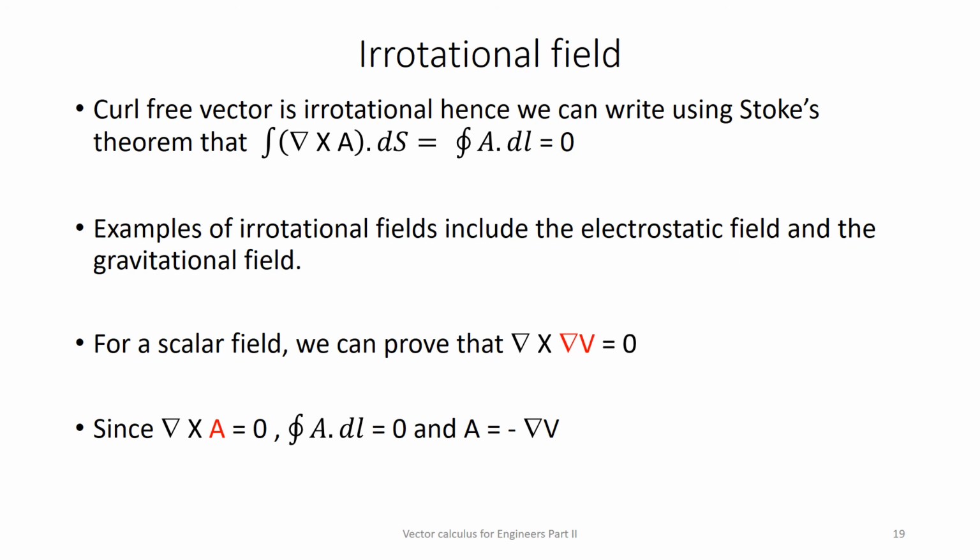Again from Stokes theorem, since the field is irrotational, curl of A is equal to 0. If you compare these two equations, purposely written in red color, curl of gradient of V is equal to 0 and curl of A is equal to 0, you can write that A is equal to gradient of V.